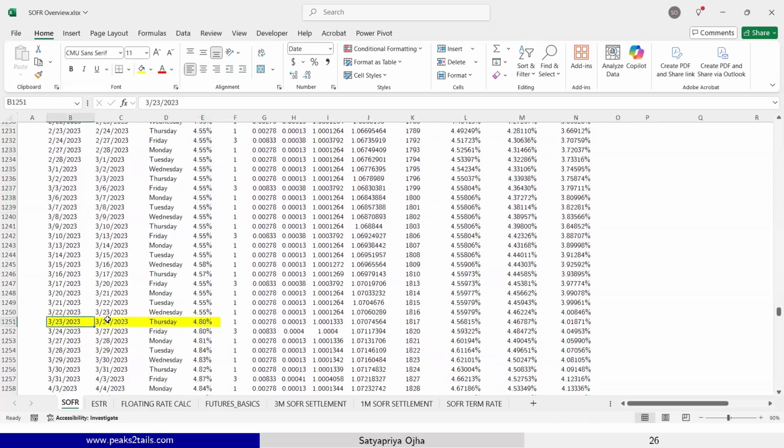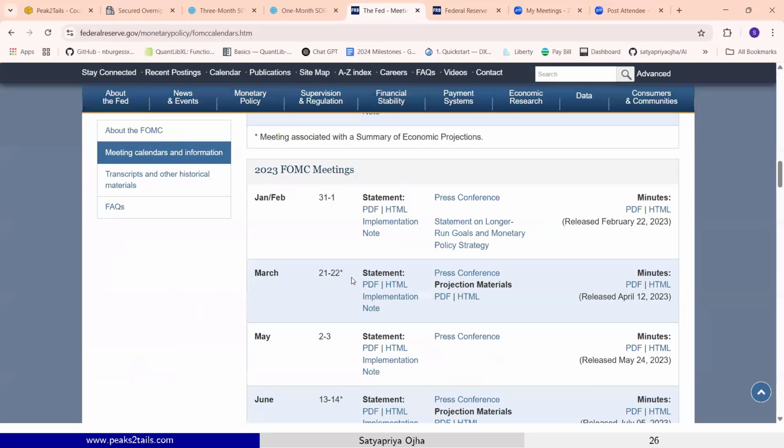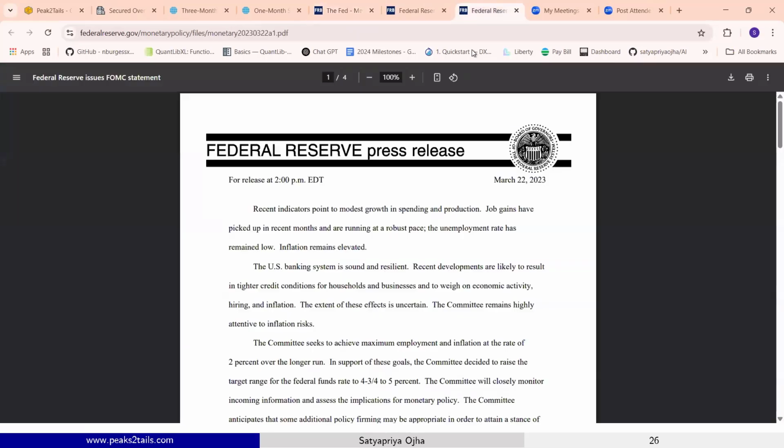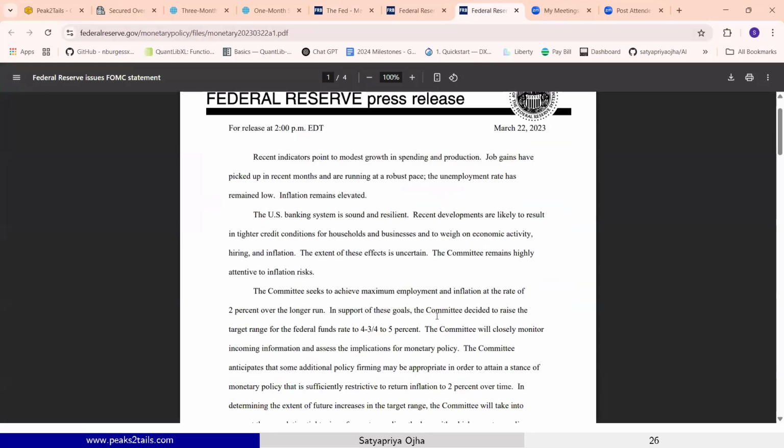Until, let's look at another date. 22nd March. What happened on 22nd March? A meeting happened on 22nd March. What was the outcome of the meeting? To support these goals, the committee decided to again raise the target range from 4.75% to 5%, again a 25 basis point increase, right? So immediately that will reflect in the repo market.